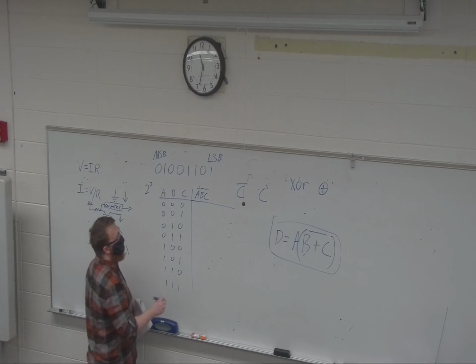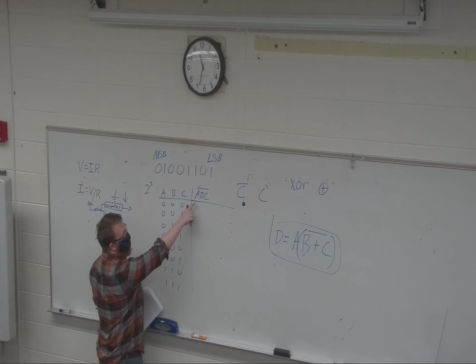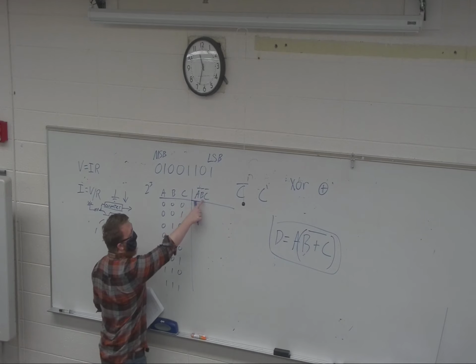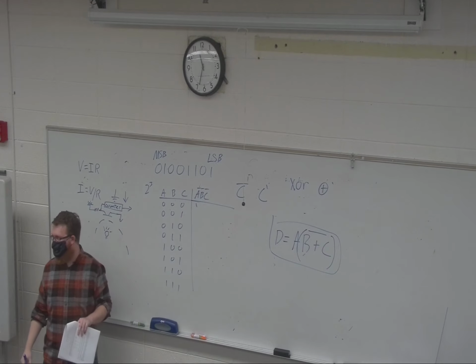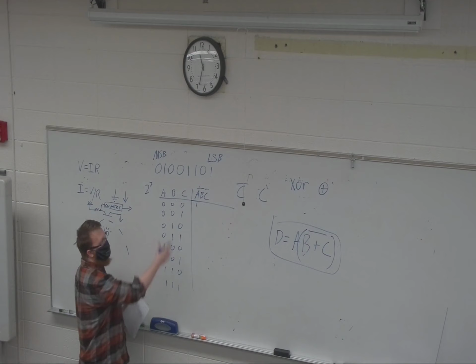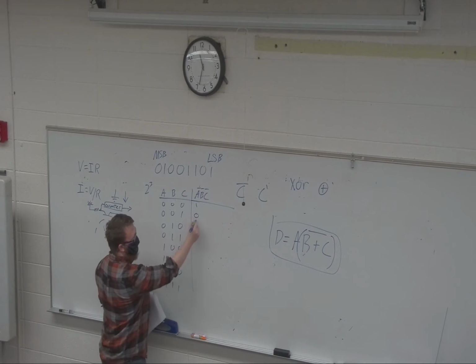Hopefully you're all done. Yes, because the situation in which we're not A, not B, and not C is only that one, right? Every other case, we have at least one of those. So that's zeros.